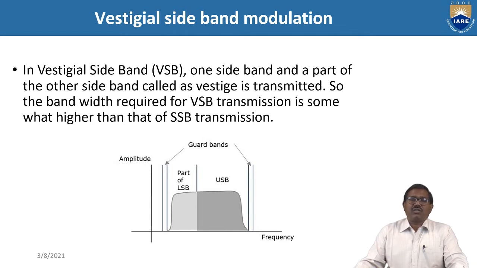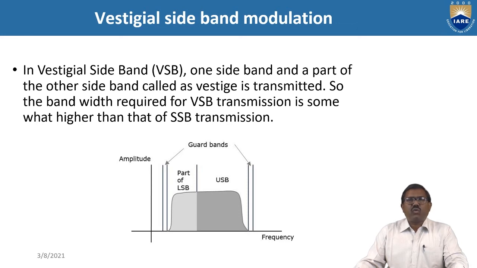Both sidebands carry the same information, so we eliminate one band and send only the other, which is called SSB. In SSB the problem is the filter design, so we get some relaxation by using VSB. We send a trace, or some vestigial part, of the second band. So this is called vestigial sideband.